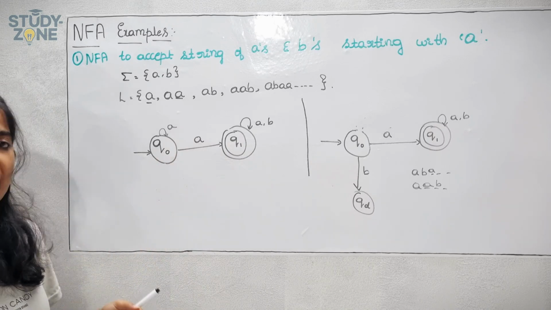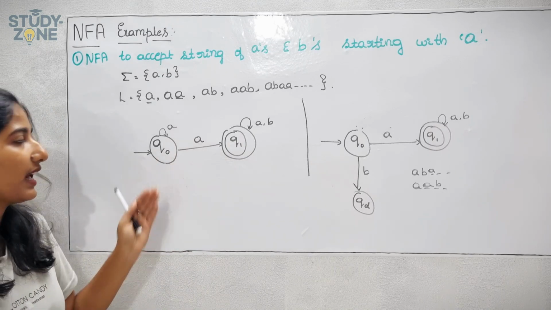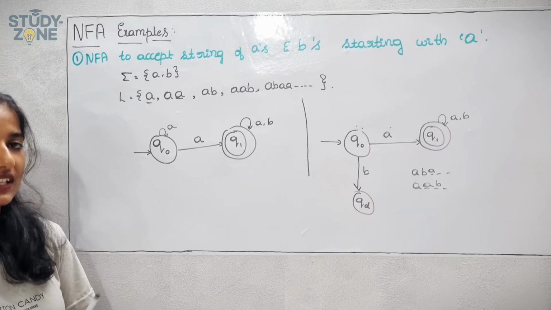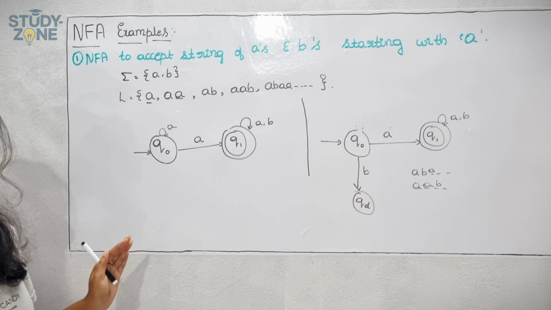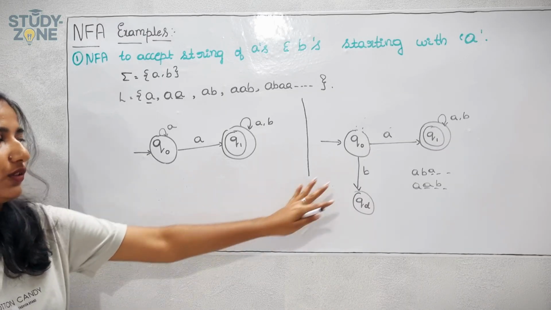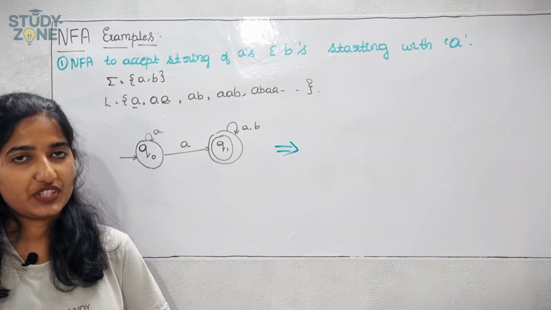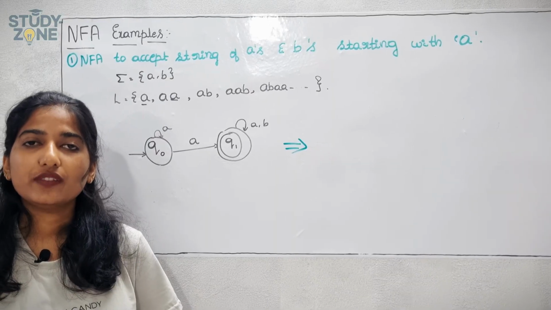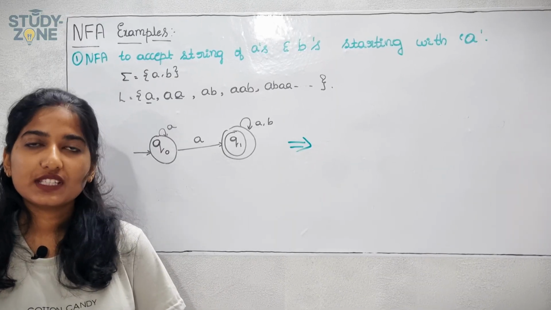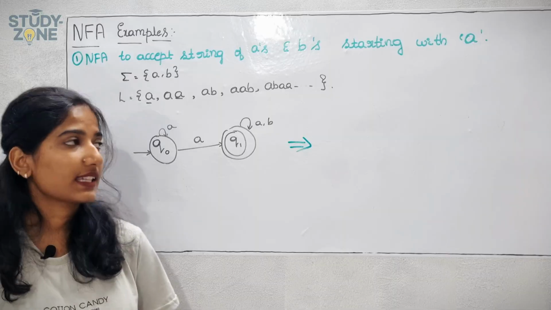Now you might get confused that here there is one input symbol A and there is another input symbol A. So what to do if I get A as the input symbol at the starting, right? What NFA will do is, I will show it here. Here there is a machine, and the machine will do the work simultaneously, which means it will do the tasks at the same time.